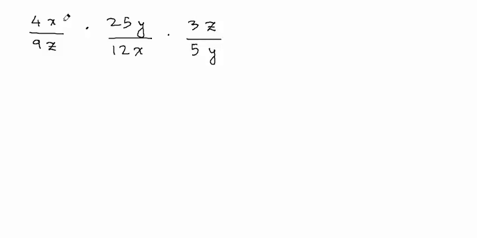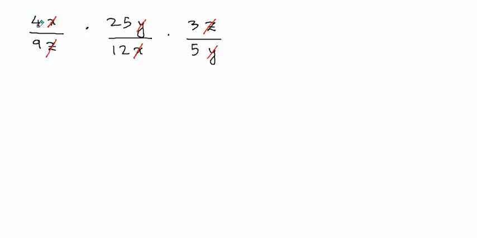The first step, as usual, is to reduce or cross off common factors from the team of numerators with the team of denominators. So we have an x here and an x here. We have a y here and a y here, and we have a z here and a z here as well. But that's not all.